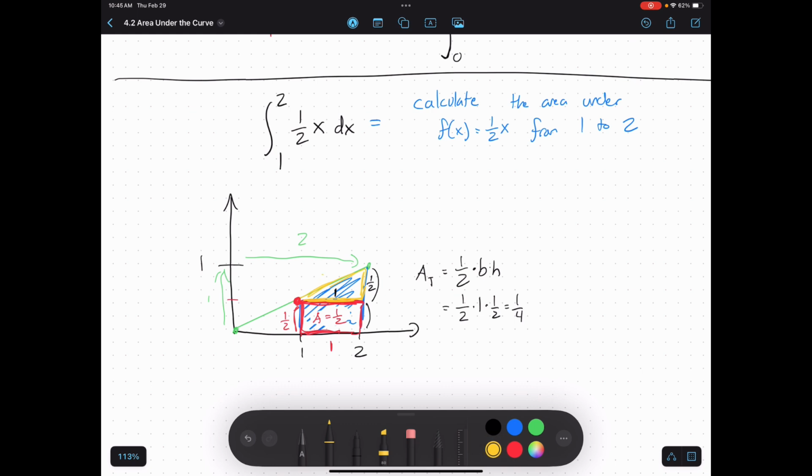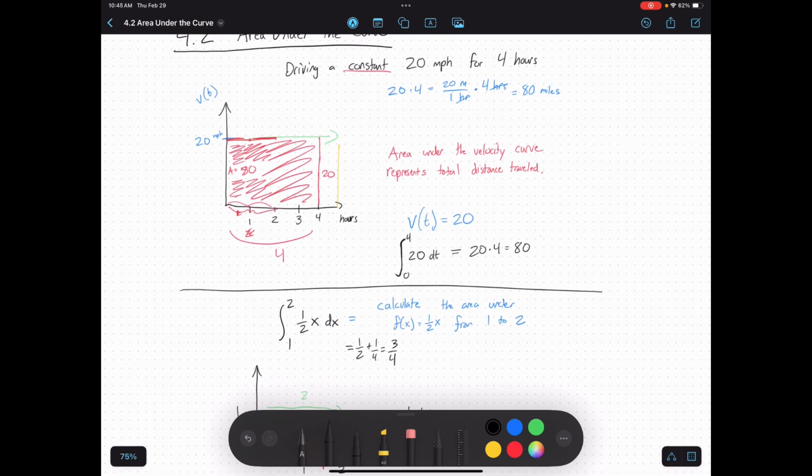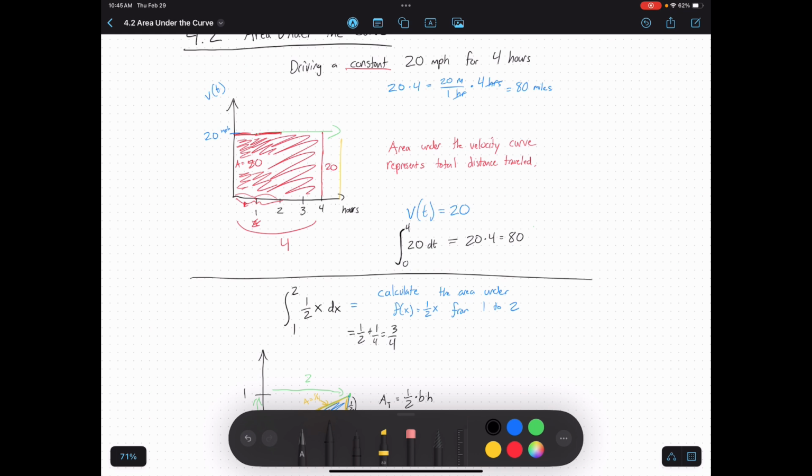So the area of this triangle is 1/4. Therefore, my total area when I put all this together is 1/2 plus 1/4, which is equal to 3/4. Very nice. So, as long as I have simple geometric shapes, calculating the area under the curve isn't too complicated. It's fairly simple.